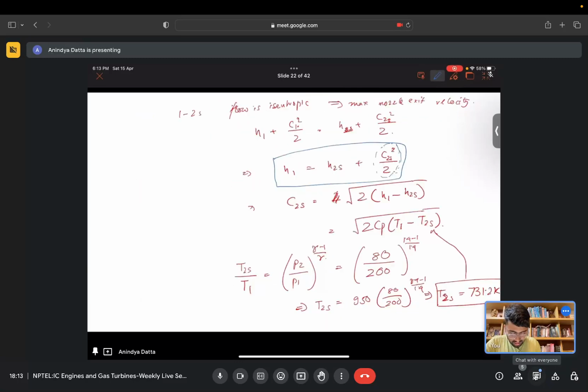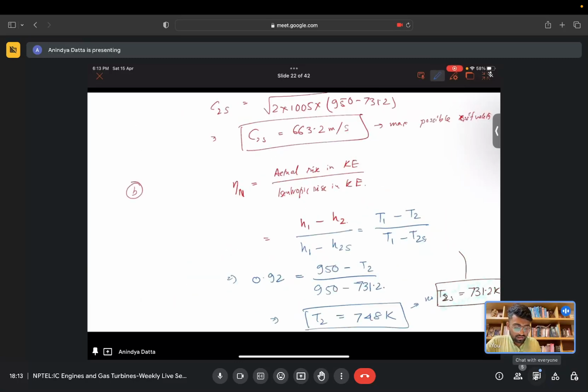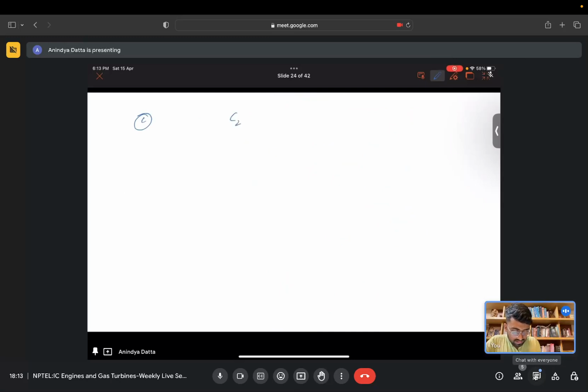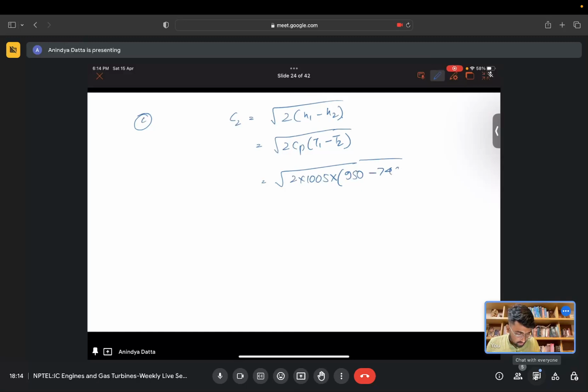What is the actual exit velocity? So C2 equals the square root of 2 times H1 minus H2, right? That is, 2 times Cp times T1 minus T2. So this is 2 times 1005, T1 is 950, T2 we computed as 748, so we will get C2 as 637 meters per second.